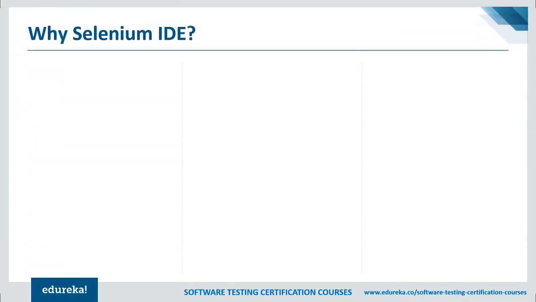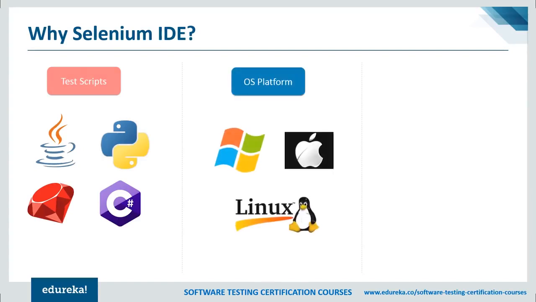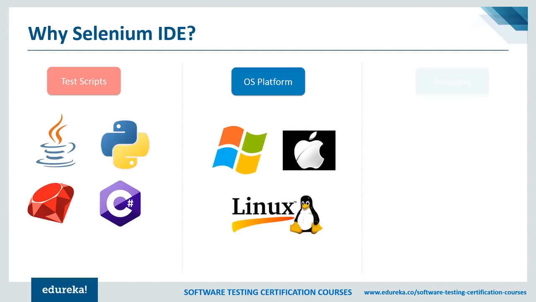So why do you prefer Selenium? The reasons behind the ever-growing popularity of Selenium are that test scripts can be written in any of these programming languages like Java, Python, C#, PHP, Ruby, Perl, and .NET as well. And tests can also be carried out in any of the OS like Windows, Mac, or Linux.